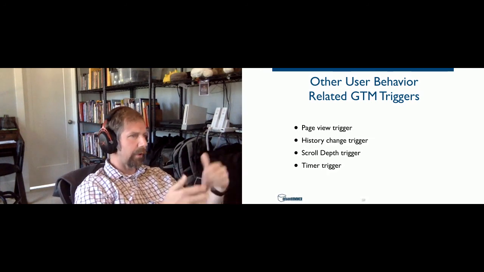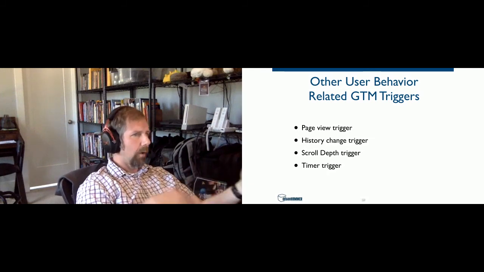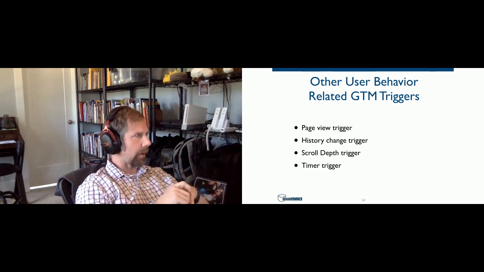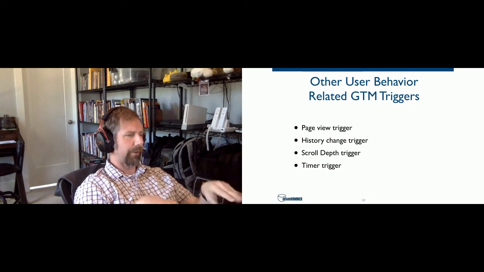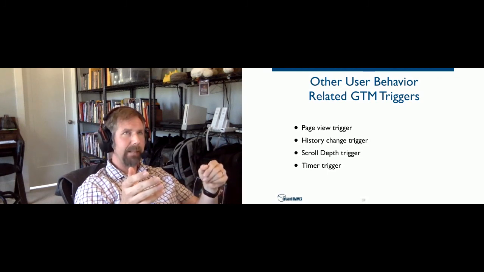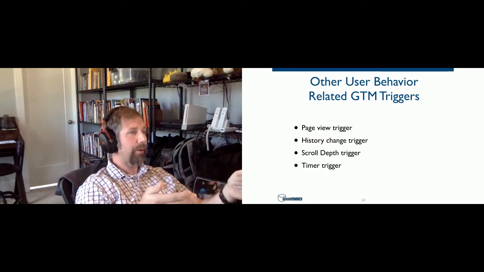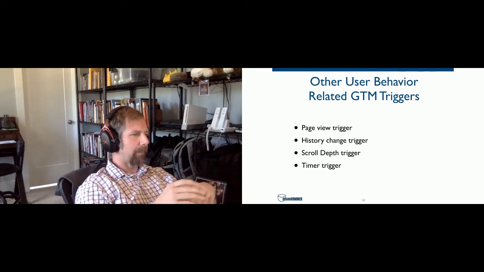But with the page view trigger, you could trigger a tag on any page view. That could be useful for something like that, or for some more esoteric stuff that we'll talk about in just a second. I think the history change trigger is super interesting. That's if there's a change in the path of a page. Let's say you've got something that doesn't cause a page load, but triggers this, and you need to track it.